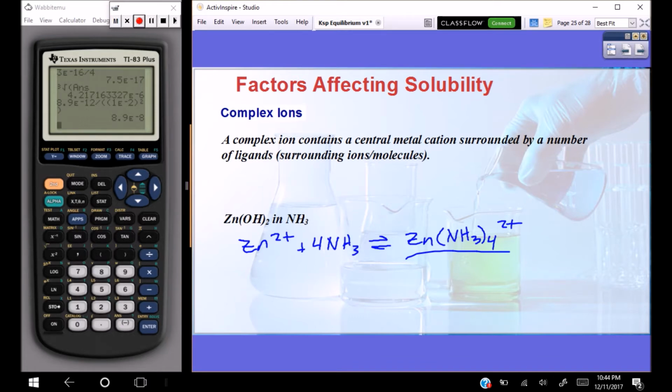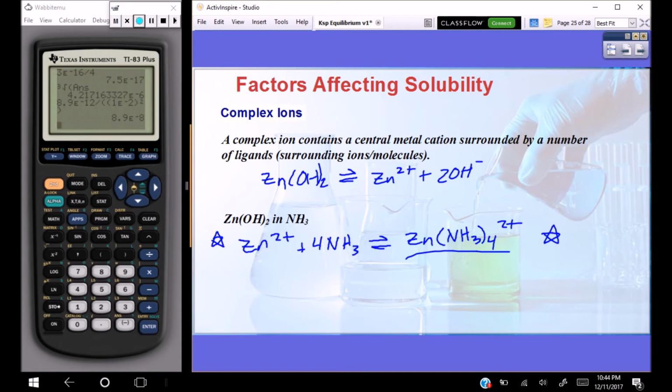The key here is that if we have zinc hydroxide, we have to look at two equilibria going on. We've got the equilibrium for zinc hydroxide dissolving to give us zinc 2 plus and our two OH minuses. Now, it is usually pretty preferential for some of these complex ions to form. In fact, complex ions are used to drive the reaction in a certain direction so that things dissolve more.